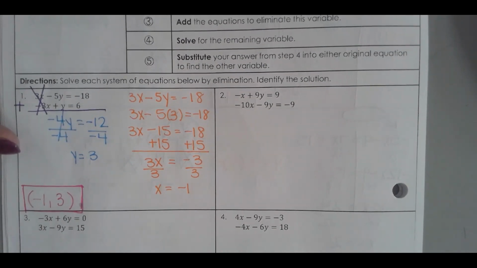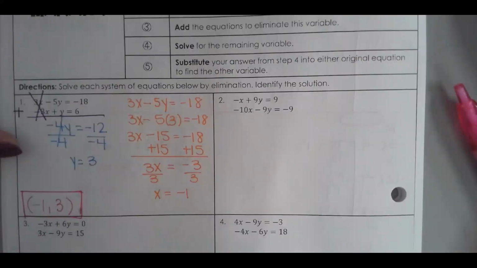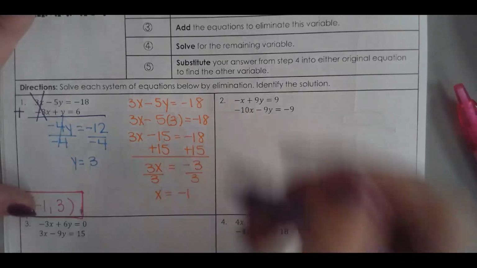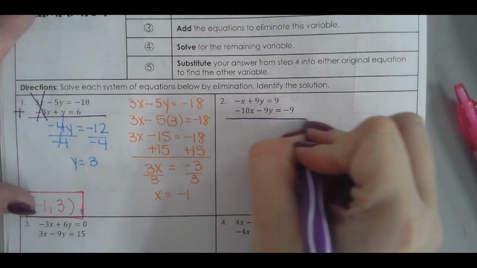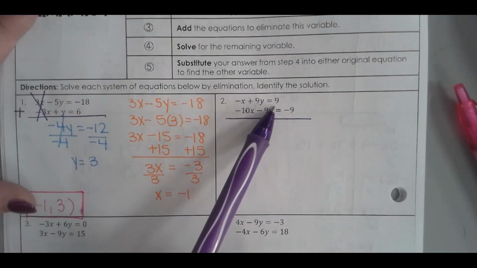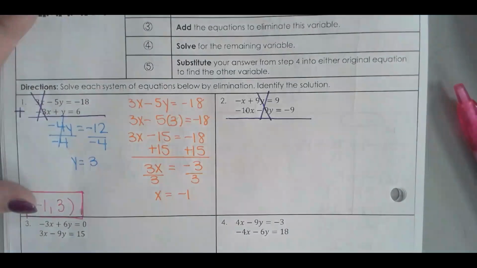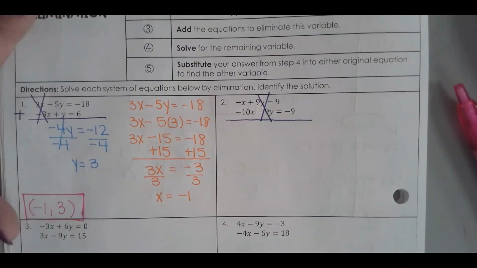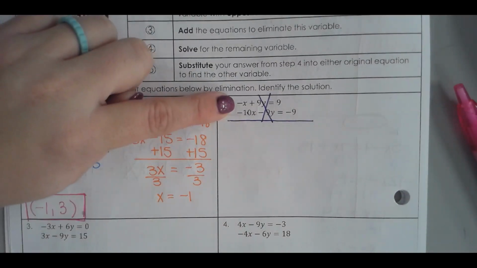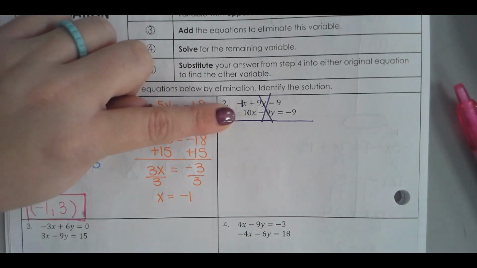So number 2, do we have a variable that we can eliminate? The y's, right? The x's, no. The y's, I have a +9y and a -9y. So I can eliminate those. And everything else I'm going to add straight down. -x, that's really -1x, and -10x.